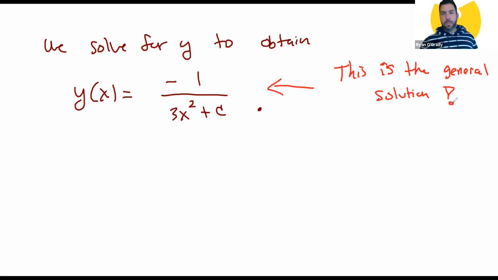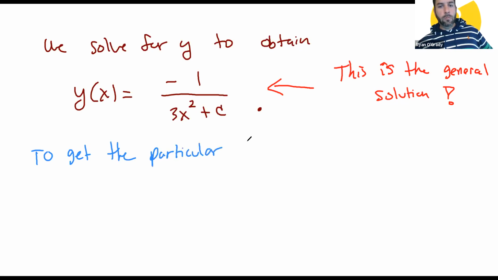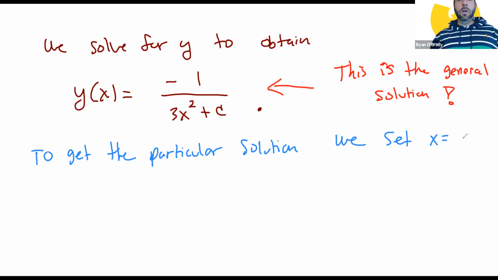Okay, so to get the particular solution, we need to use our initial condition. So we set x equal to, what was it, 1?